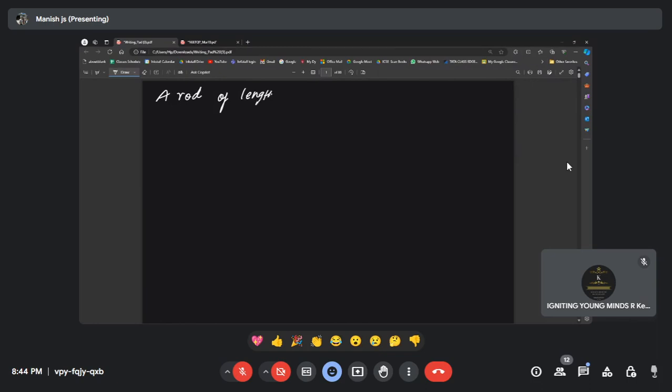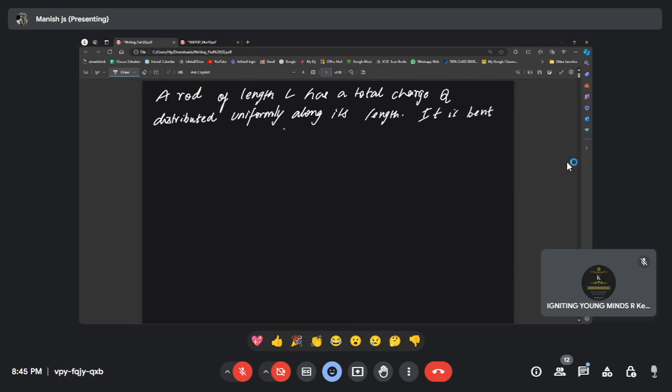A rod of length capital L has a total charge Q distributed uniformly along its length.